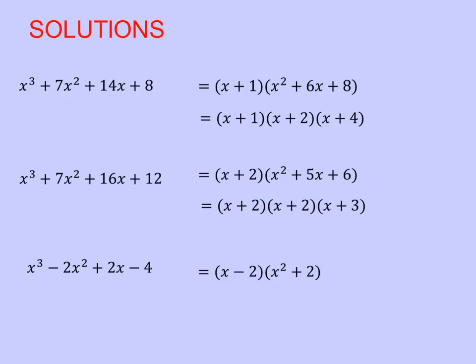And finally, x cubed minus 2x squared plus 2x minus 4 factorises to (x minus 2)(x squared plus 2).